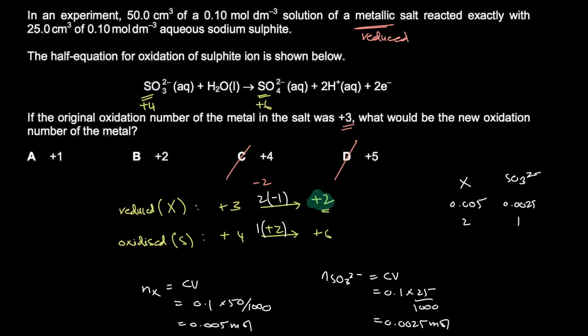When 2 moles of X change by minus 1, that would be an overall decrease of minus 2, and then 1 mole of sulfur changes by plus 2. So the answer is B, right? Each X is changing by minus 1, but we need 2 of those to balance the changes in oxidation numbers.